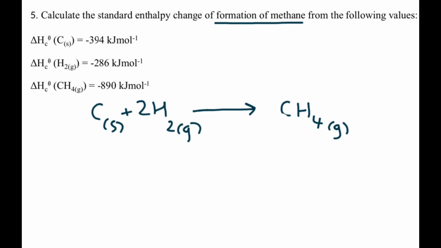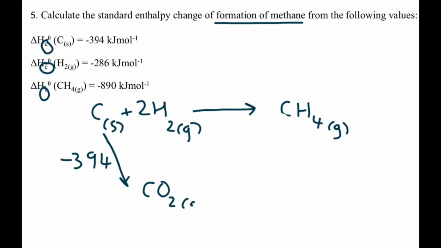The data that we've been given is combustion data. When you combust carbon, the value is -394, and you make carbon dioxide gas. When you combust hydrogen, you make water. Slight issue here, just to recognize there's 2 hydrogens.